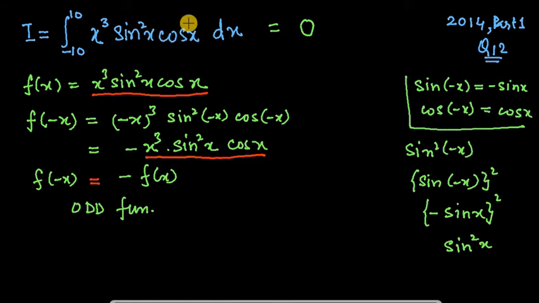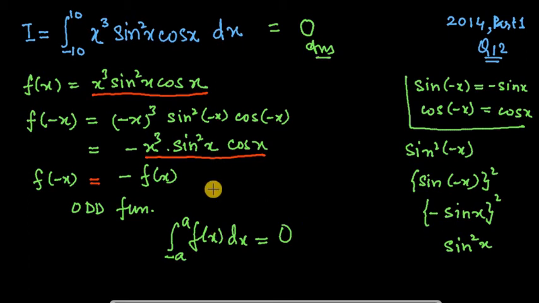The result of the integration of this function within the limits minus 10 to 10 will be 0 by the property which we have just seen. So the answer is 0. What was the property? The property was basically the integral from minus a to a of f(x) dx is equal to 0 if f is an odd function, and we have seen that here f is odd because f of minus x is equal to minus of f(x).